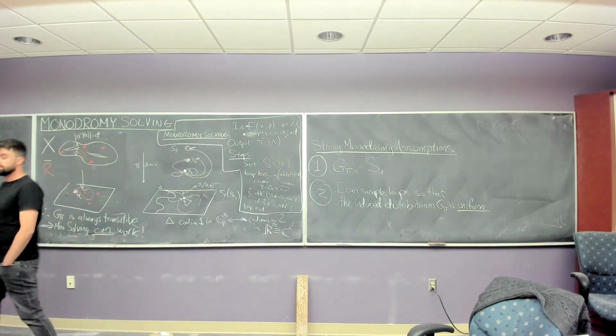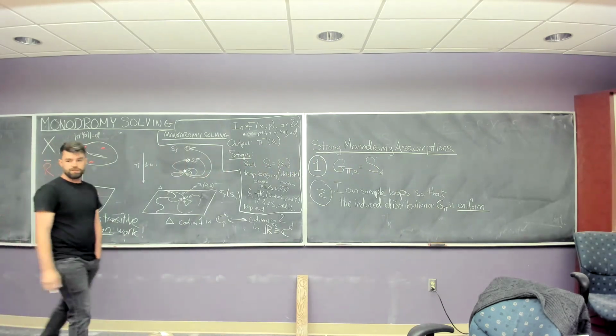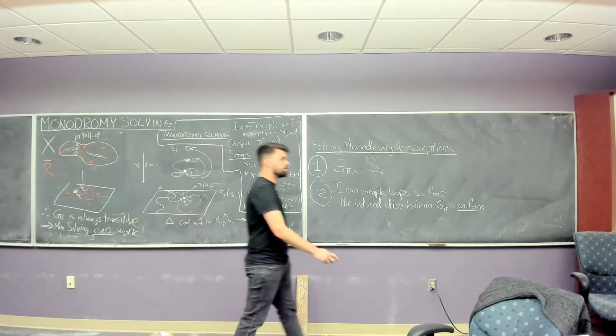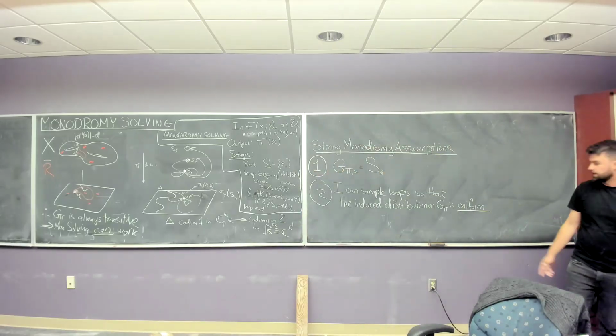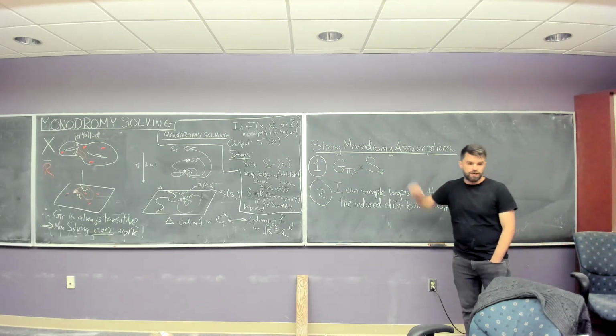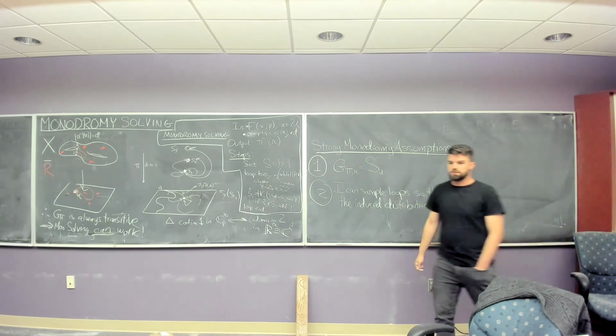This one's bold. This says I can sample loops in my space in such a way that my probability of getting an element, any element of G_pi, is constant.